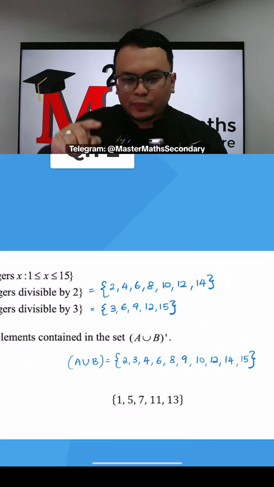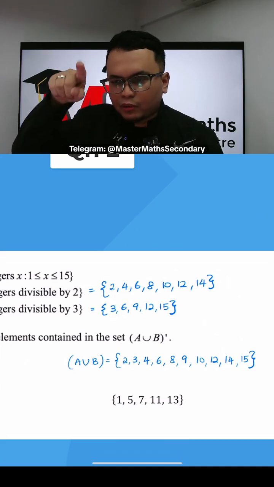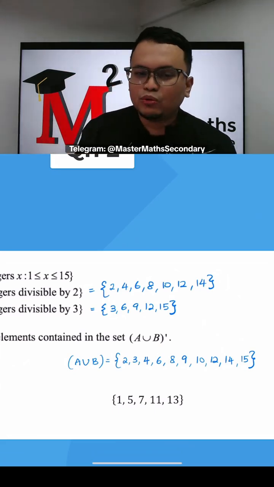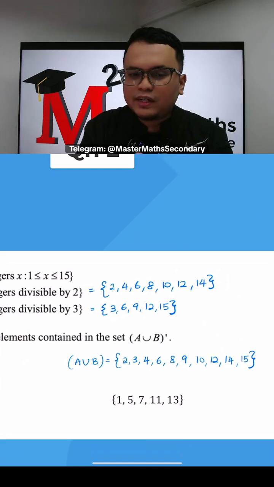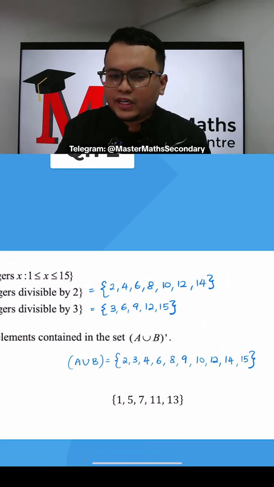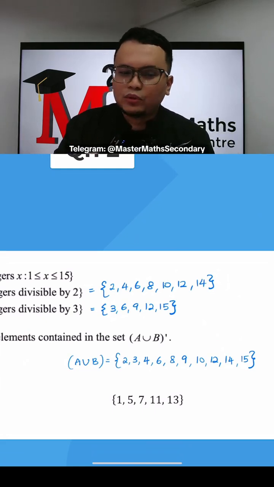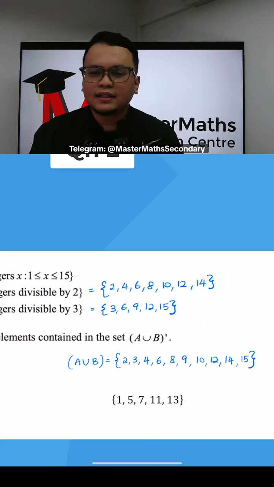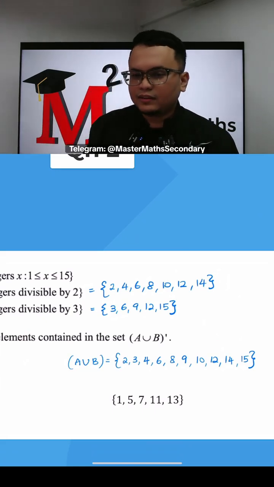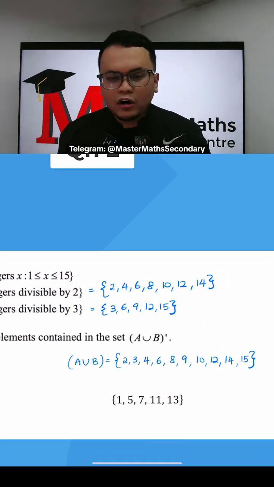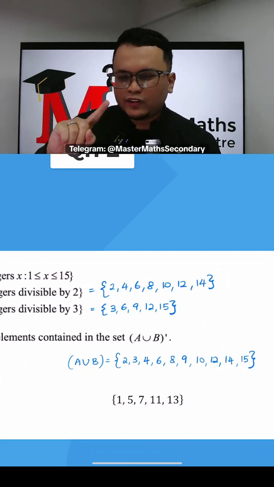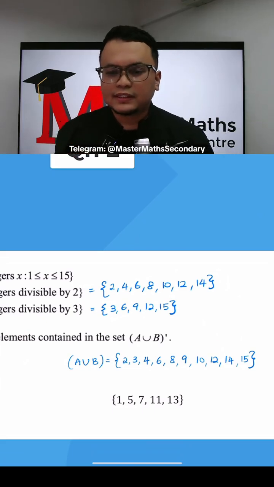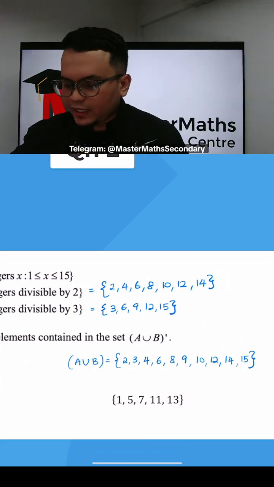So when you see A union B with a prime or an apostrophe, that means you are looking at elements that are not inside A union B. So 1 will be inside because 1 is not an element of A union B. 5 is not an element, so we include 5, 7, 11, and 13. You guys okay? Remember, as long as one of the conditions is fulfilled, it's fine. For AND, you must fulfill both conditions. Right, let's take a look at the next one.